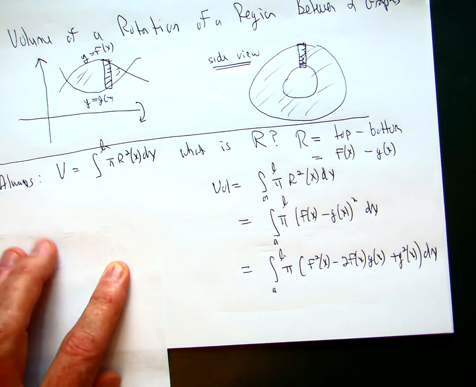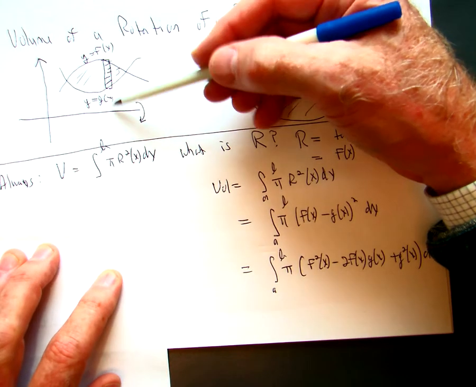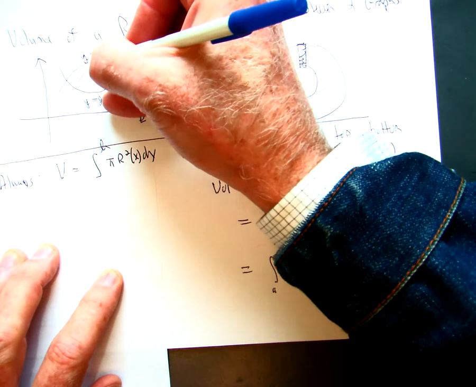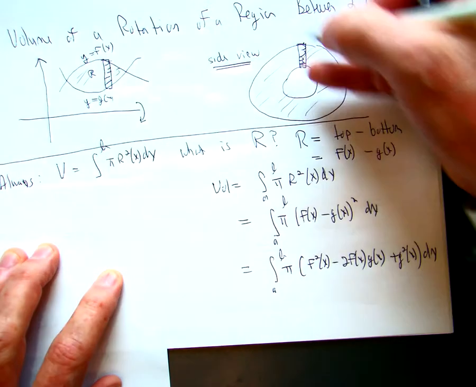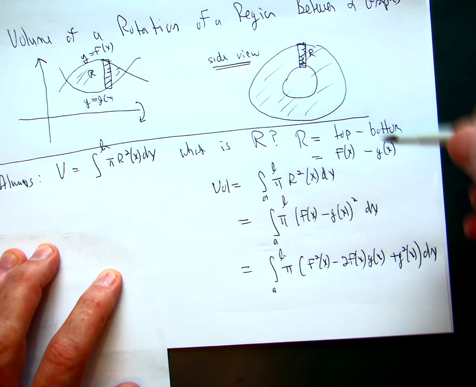Okay, that's the theory. So again, when I look at this, I've got to figure out what r is because I know that formula is always true. This distance right here is r. That's the radius right here of the washer, and the radius is top minus bottom.